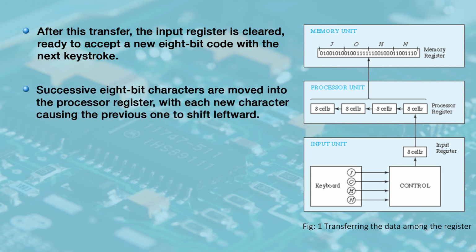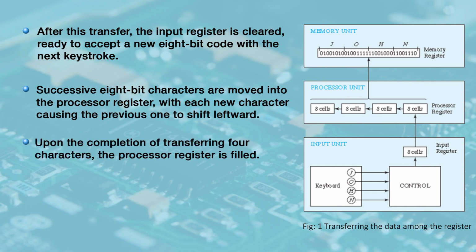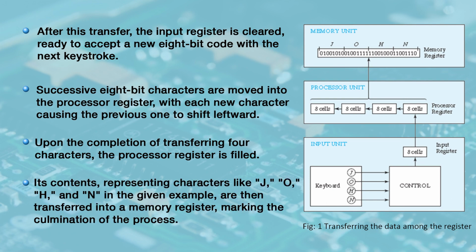Successive 8-bit characters are moved into the processor register, with each new one causing the previous one to shift leftward. Upon the completion of transferring 4 characters, the processor register is filled, its content representing characters like J, O, H and N. In the given example, they are then transferred into a memory register, making the accumulation complete.